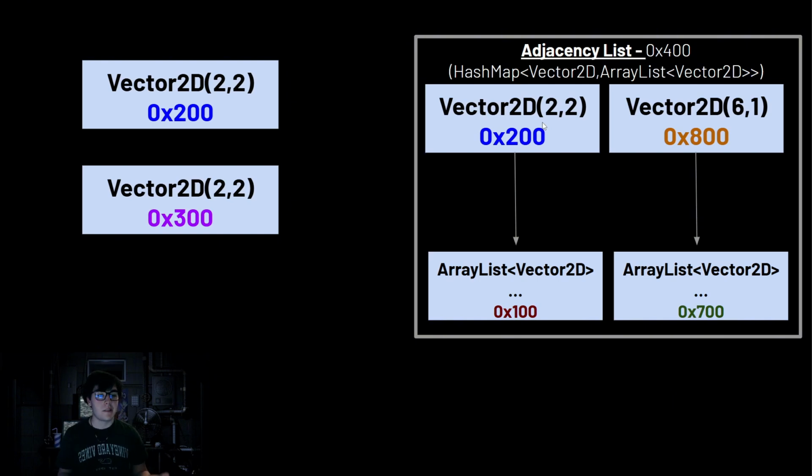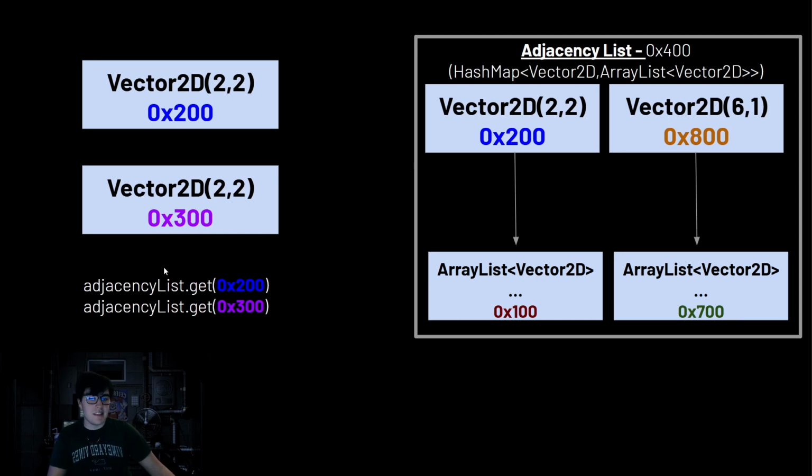So naturally, if we did adjacency list dot get of 0x200, we would expect to get back this 0x100 array list that denotes the neighbors of 0x200 in our graph. Now, with our hashCode and equals change, we are actually able to get the same value from this completely different object on the heap.